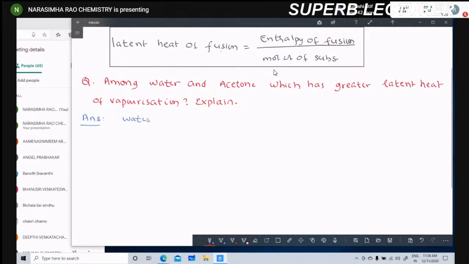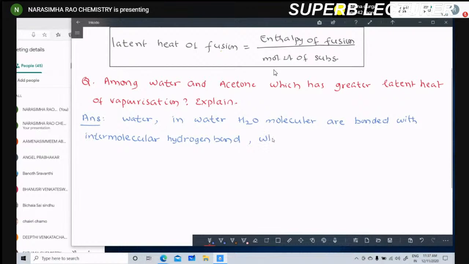Reason: in water, H2O molecules are bonded with intermolecular hydrogen bonds. Hydrogen bond.